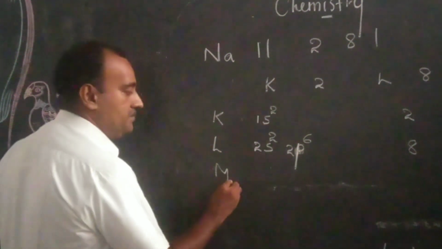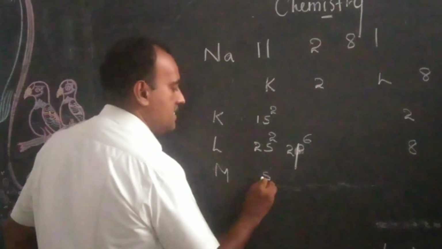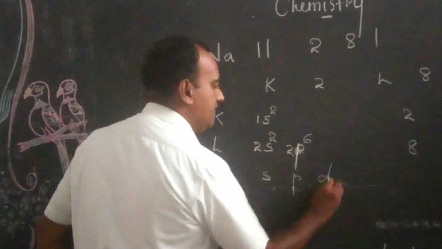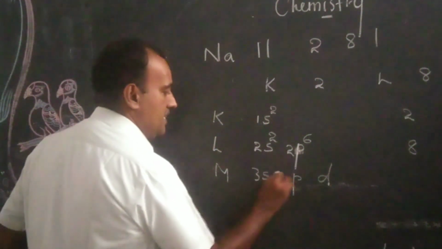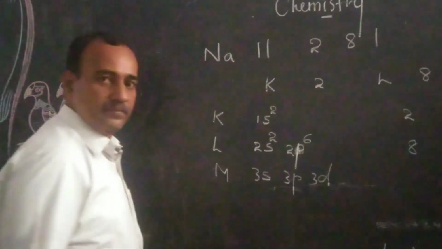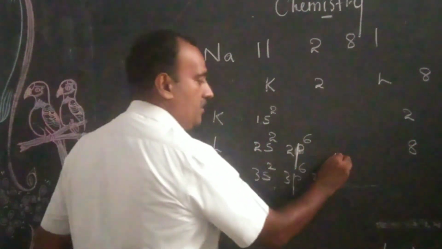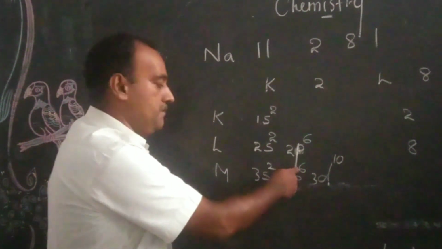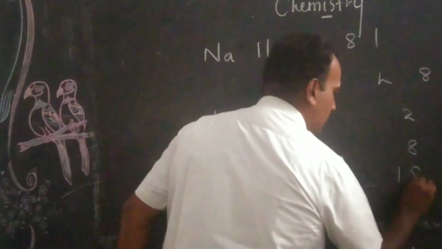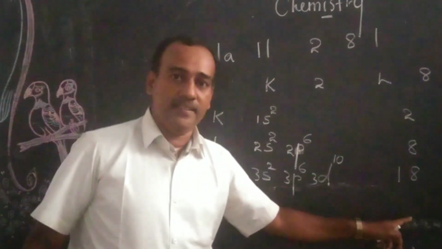Similarly, the M shell, the third shell, has s, p and d subshells, differentiated as 3s, 3p, 3d. s can accommodate 2 electrons, p can accommodate 6 electrons and d can accommodate 10 electrons. Totally 10 plus 6, 16, plus 2, 18 electrons. You studied in class 10 that the M shell can accommodate 18 electrons.